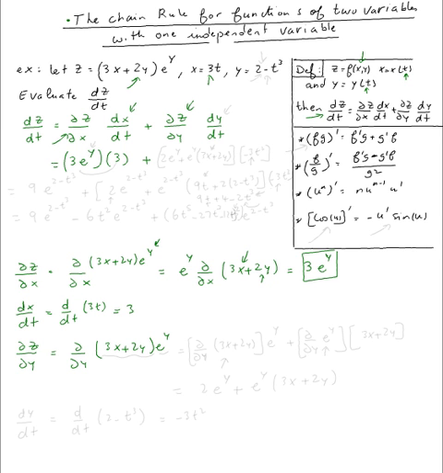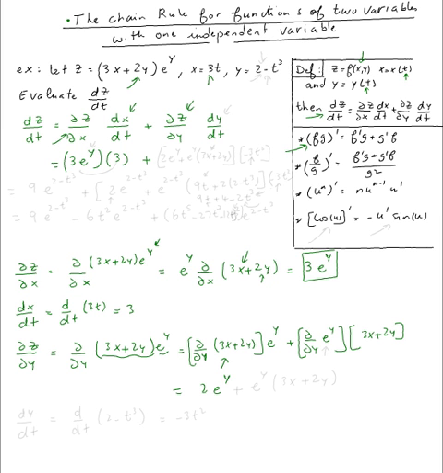Now this time I have to think of this as f and g, so I'm going to use the product rule. This is equal to the partial with respect to y of (3x plus 2y) times e to the y, plus the partial with respect to y of e to the y times (3x plus 2y). 3x is a constant, so its derivative is 0, so it's just 2.